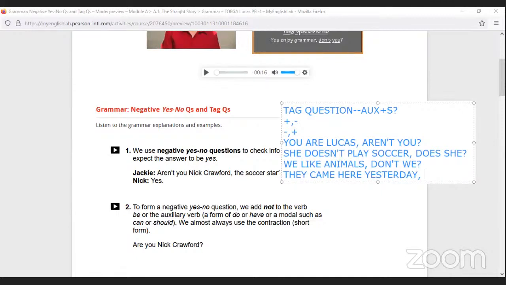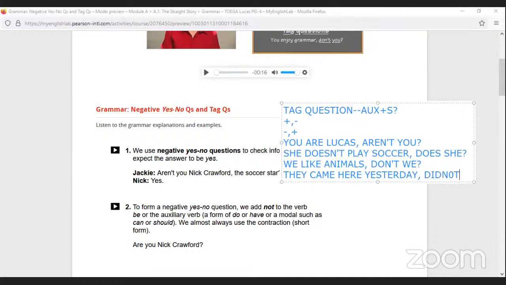Which auxiliary do I use for past? Because this is a past statement. Did. Didn't they? Perfect. Didn't.